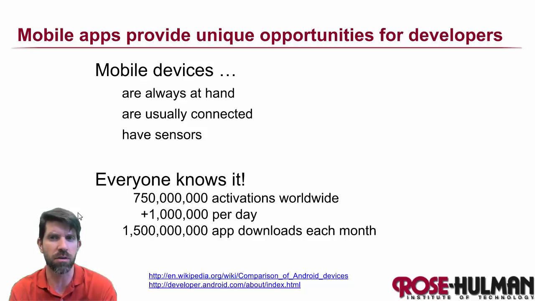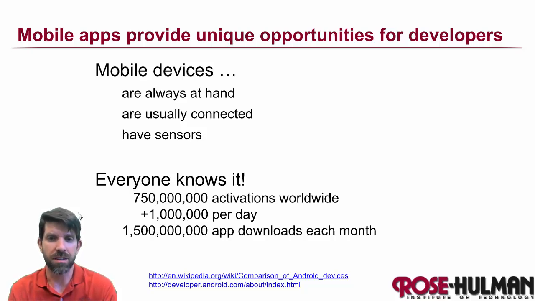Second, they're usually connected to the internet somehow. Even if you're driving down the road or in a park across the street, you have access to data. And the third thing is that you have sensors well beyond what we typically have in a laptop. Laptops may have a camera, like I'm using right now to record this video, but a phone is going to have much more, as we'll see in a minute.